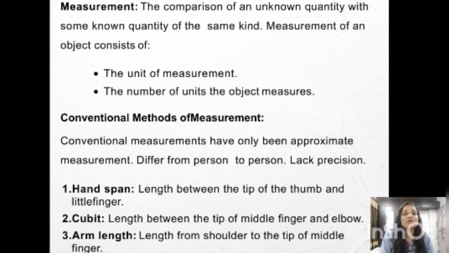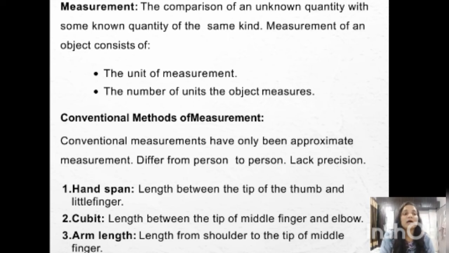Next is the conventional method of measurement. These are the ancient habits to measure any object, length, weight. Conventional measures have only been approximate measurement. This is not definite or perfect measurement, and it differs from person to person.